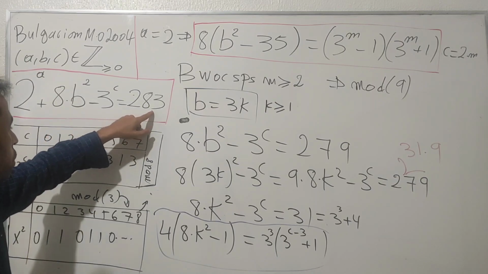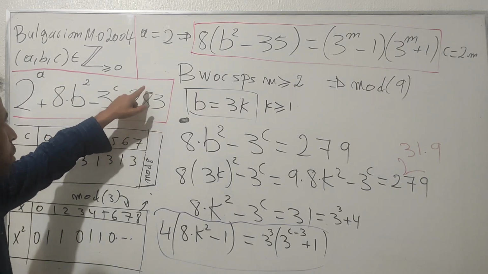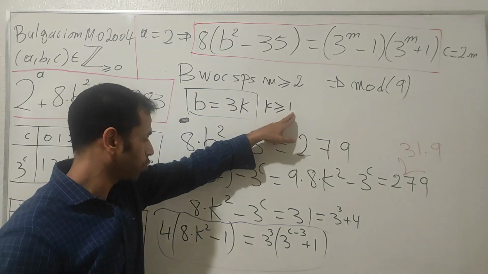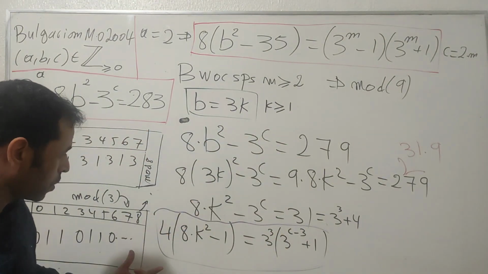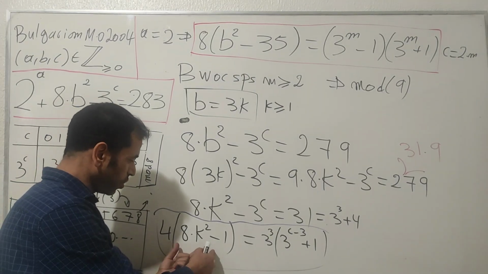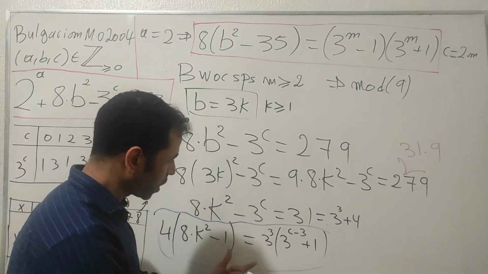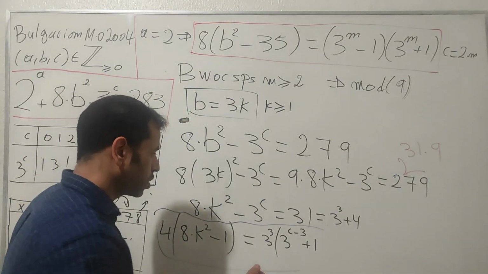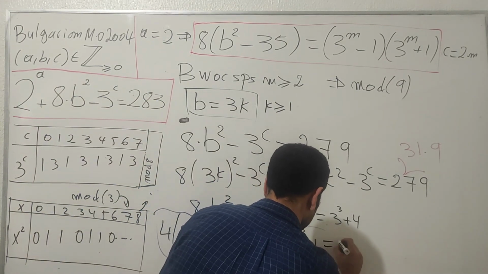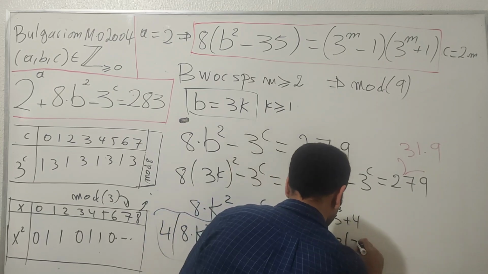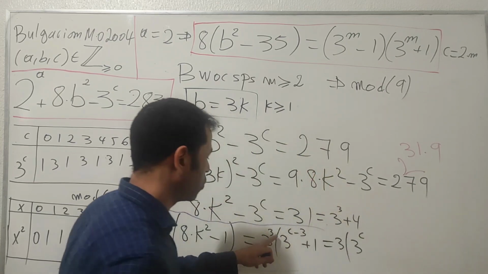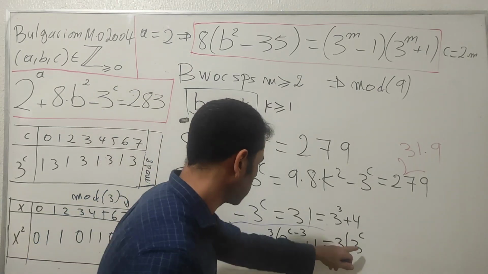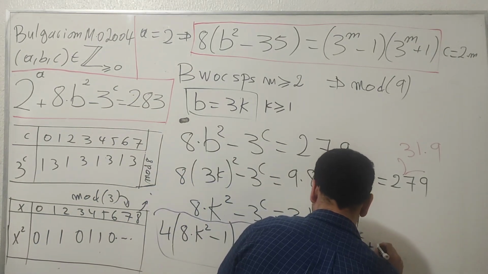On the other hand, this one becomes not a power of 3, so it is impossible to have k equals 0, which means k is greater than or equal to 1. If k is greater than or equal to 1, this one is a positive integer, which means the right-hand side of this equation is a positive integer as well. To make it simpler, I'm going to take number 3 as a common factor: 3 factor 3 to the c, because 3 will go inside and be added to this exponent, becoming 3 to the c plus number 27.